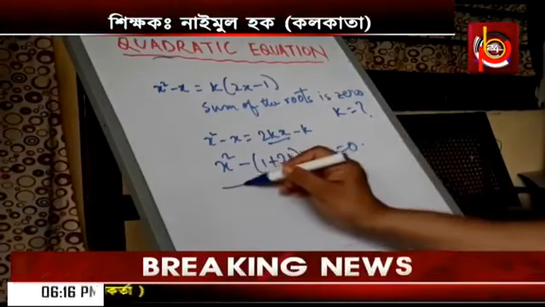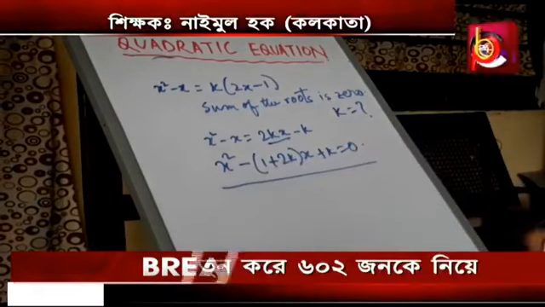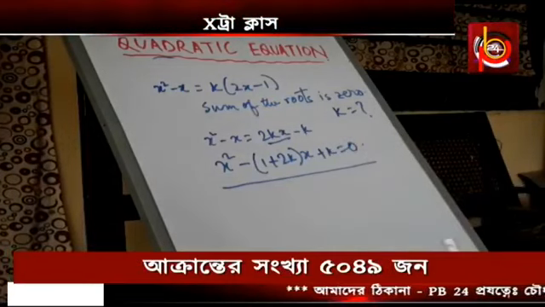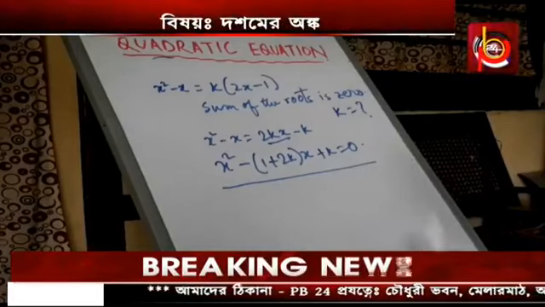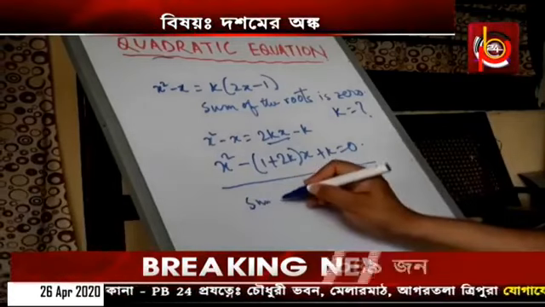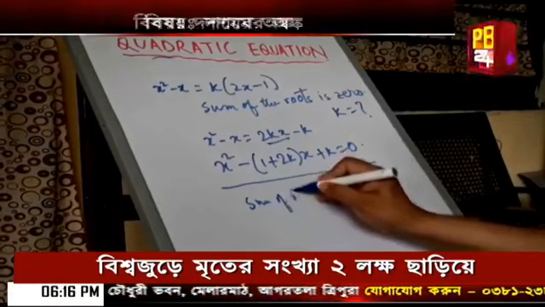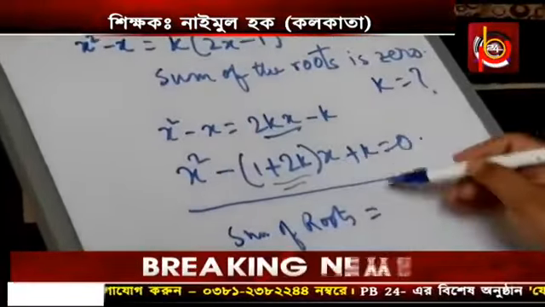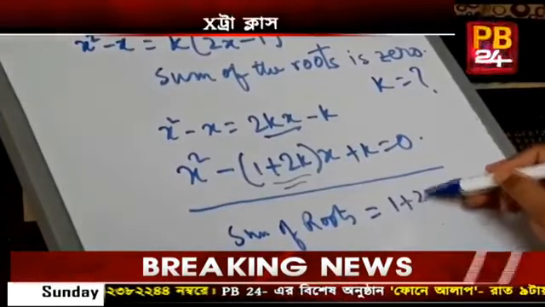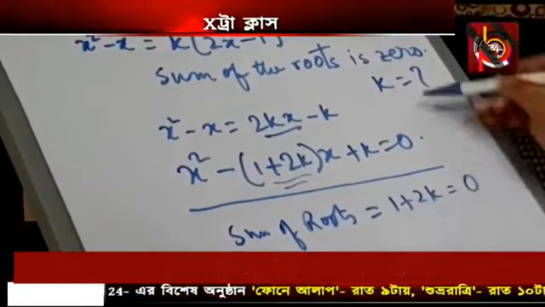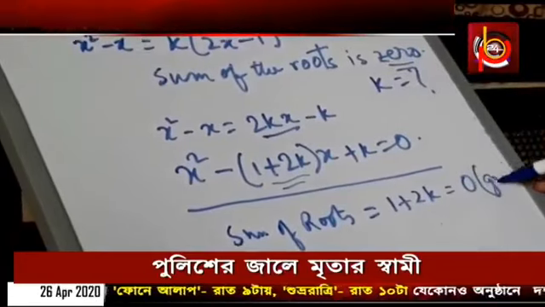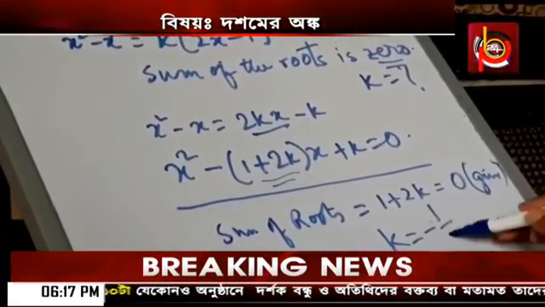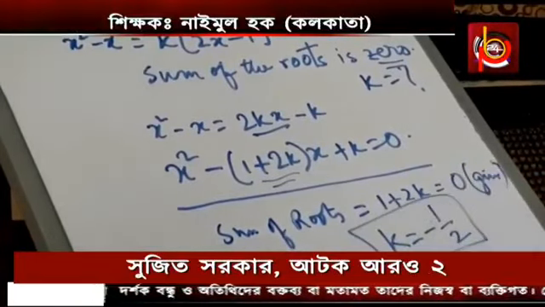See, this is in the ax square plus bx plus c equals to 0 form. Now the sum is almost over. Sum of the roots equals to minus b by a, means 1 plus 2k, and that equals 0 as given. So from there we can write the answer that k equals to minus 1.